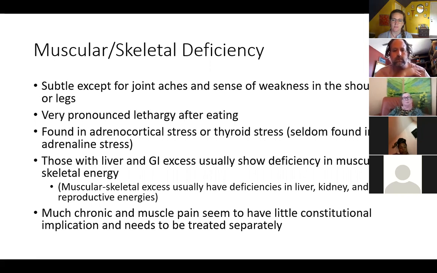Kayla, do you feel that way? Yeah, well, it's the cortisol buildup. When you're constantly in adrenaline stress, you are in fight or flight all the time. And that can spill over to adrenocortical stress, but that's more of a hidden kind of stress in the body.